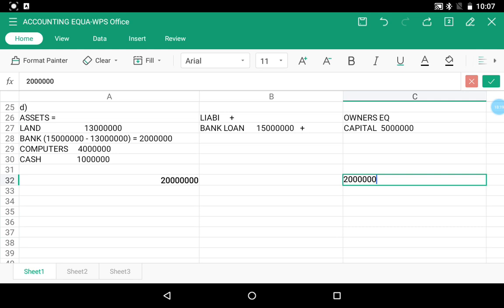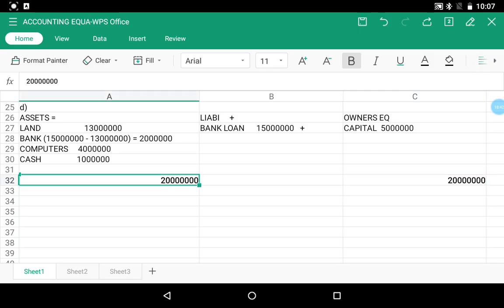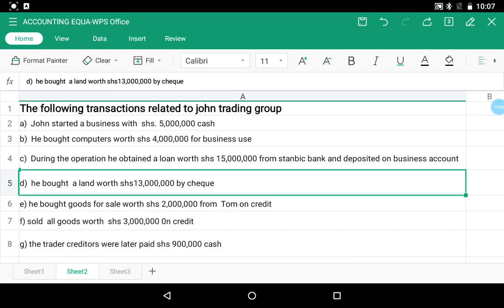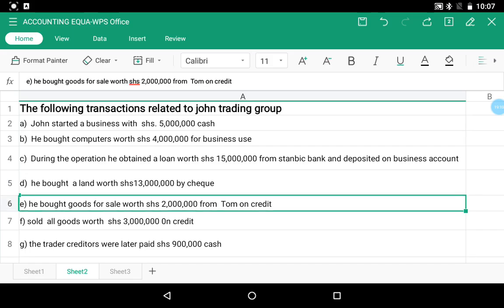Now we go to part B, our next part, which is part E. When you talk about part E, he bought goods for sale worth shillings 2 million from Tom on credit.